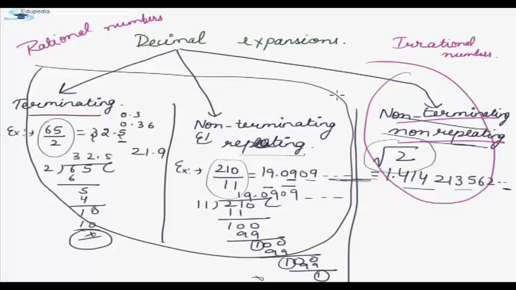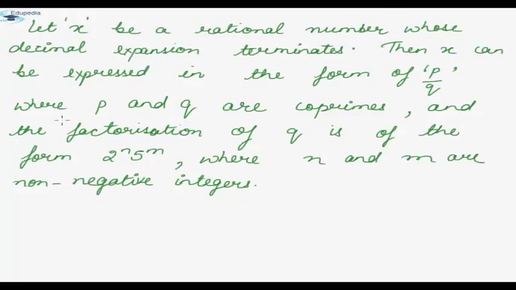Now we have certain theorems which will tell us whether the decimal expansion is terminating or non-terminating and repeating for a rational number. The basic of all the three theorems is same. The first theorem says, let x be a rational number whose decimal expansion terminates.